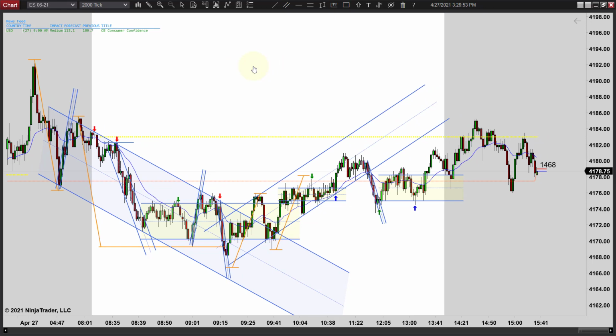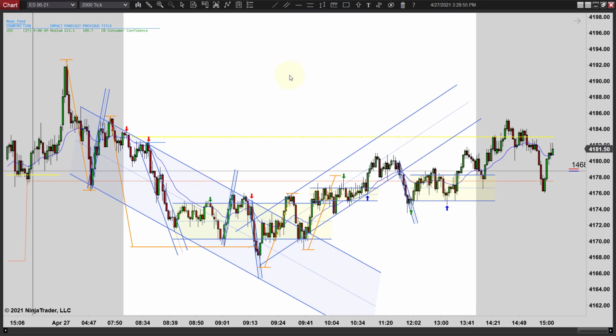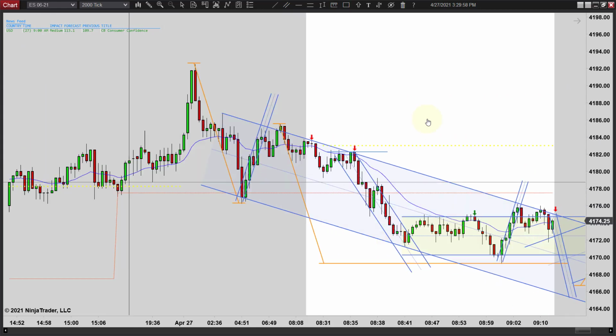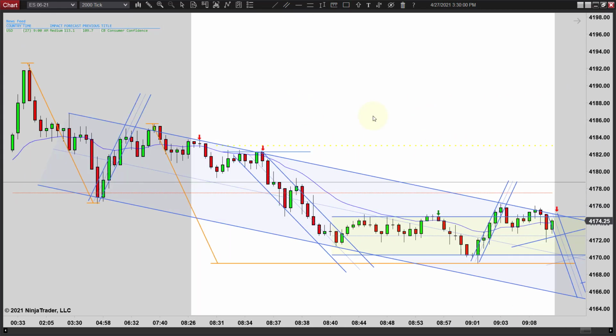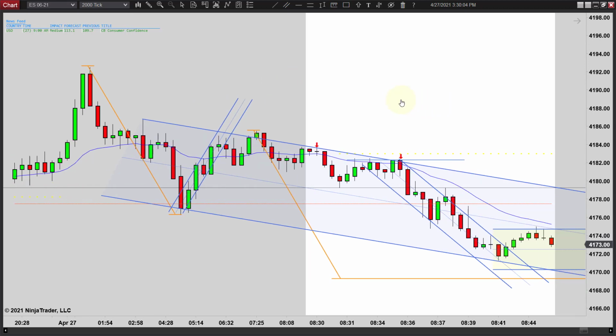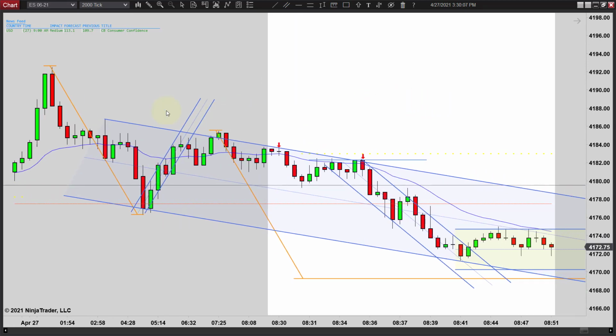Anyway, let's talk about the trades. Let's zoom in and get a closer view. Again, we had this two legs down, then a little correction, and we started down again. There's a lot of sideways action here, but you can clearly see we're working lower.